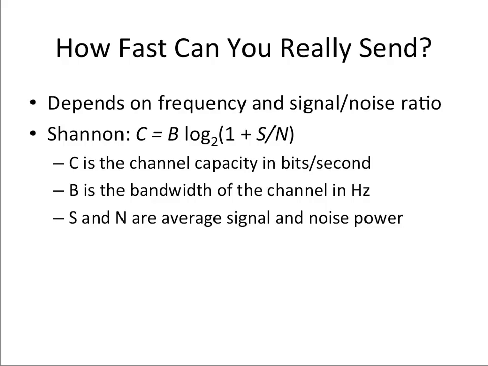Because some channels are going to be noisy. And if the channel is noisy, it turns out we can't transmit information as fast as we can if there's a different channel that has less noise. Have you experienced this in real life?